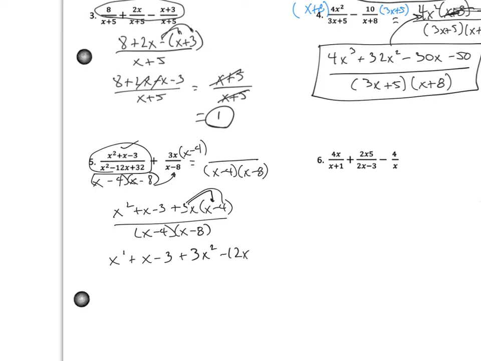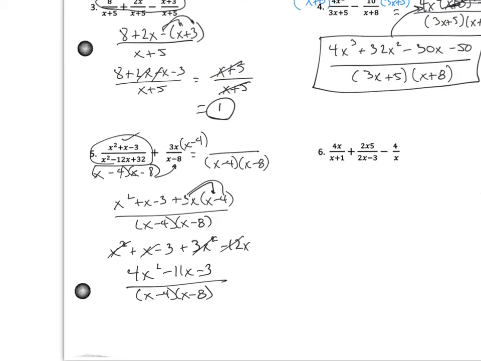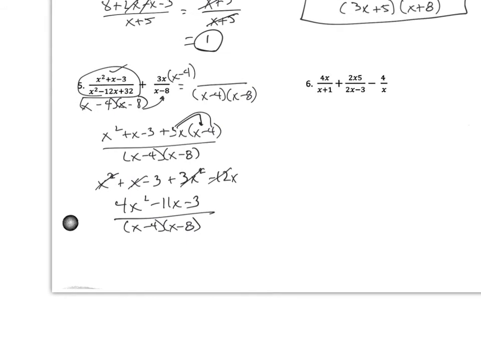Combining like terms, I'll put the denominator back on here in a second. We have 4x squared minus 11x minus 3. And the denominator is x minus 4 times x minus 8. So once again, we have to check to see if that numerator does in fact factor.